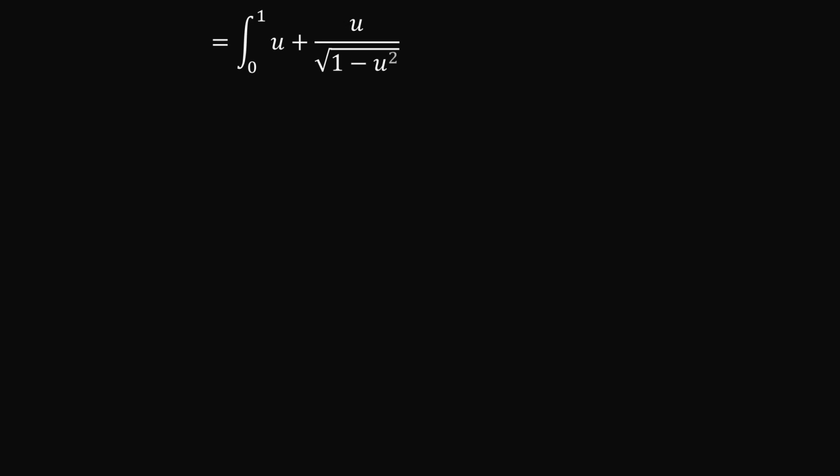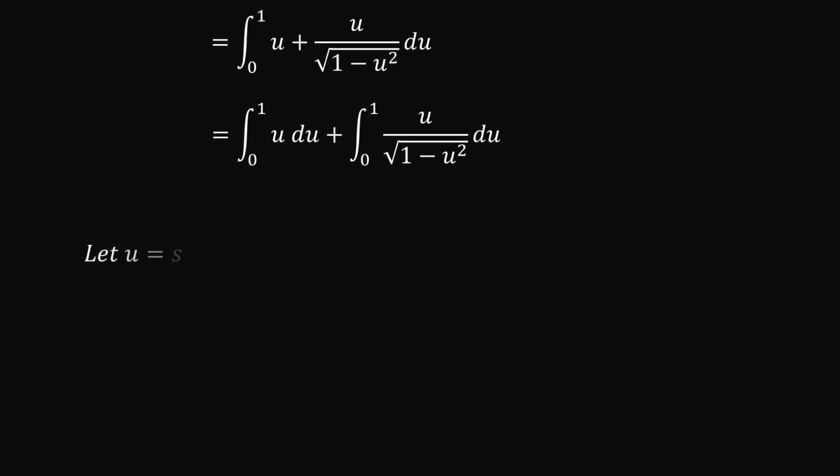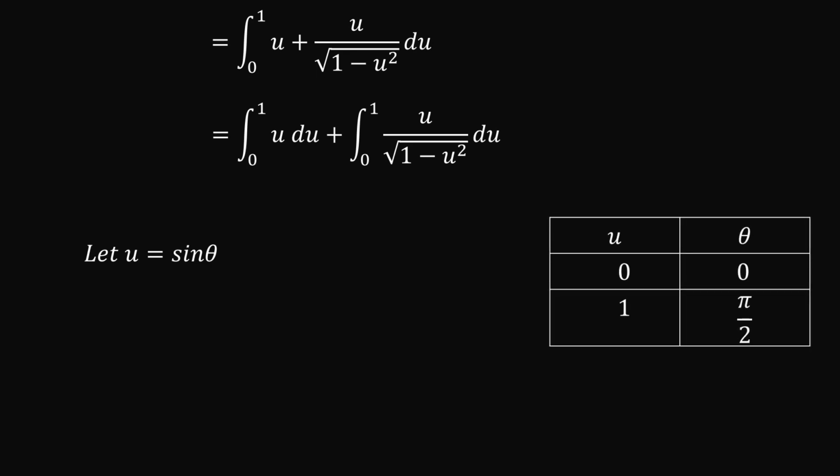Now we can separate that into two separate integrals, keeping the first integral as it is, and to make things a little simpler, we can substitute in the second integral by letting u equal sine theta. Transforming the limits, when u is equal to 0, theta is 0 because sine of 0 is 0.